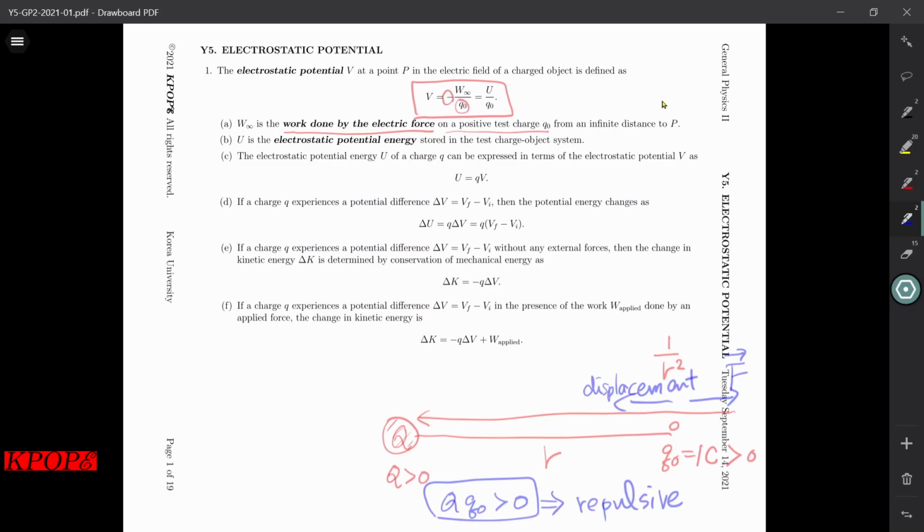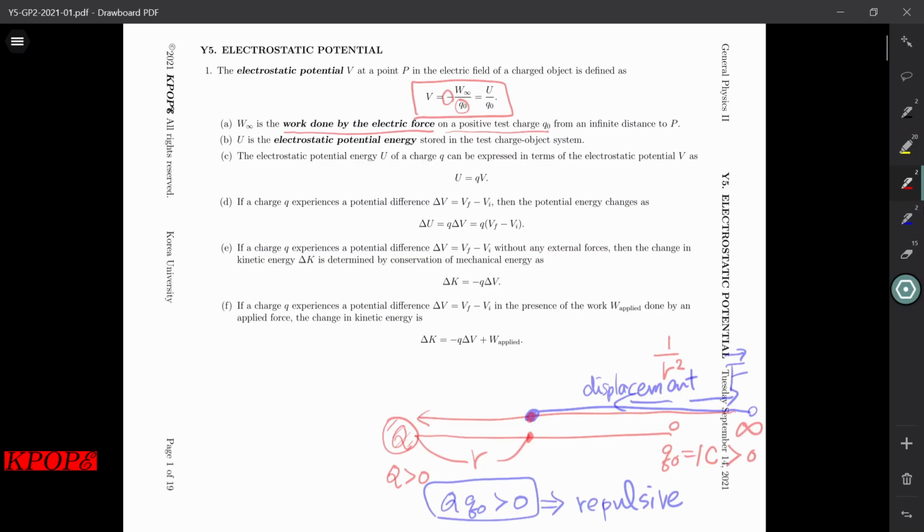Thus, the work done by the electrostatic force from infinity to some position, let's say this is R, from infinity to this position.